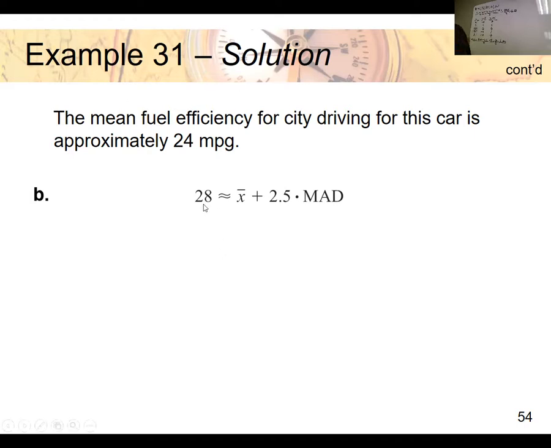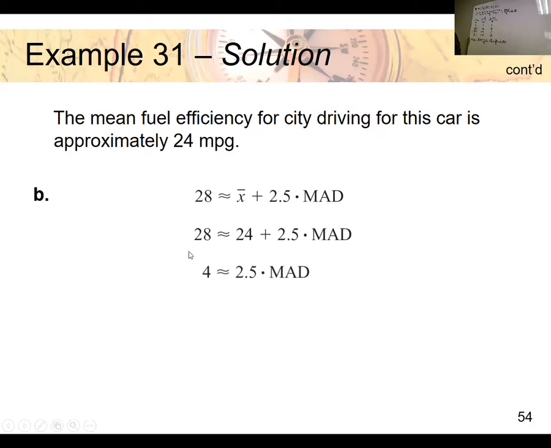So taking 28, that's going to be approximately equal to the mean, x bar, plus 2.5 times the mean absolute deviation. They're using this to find what the mean absolute deviation is going to be. And the mean we came up with was 24, so 28 is approximately equal to 24 plus 2.5 times the mean absolute deviation. Here they're using a little bit of algebra to get the mean absolute deviation by itself.